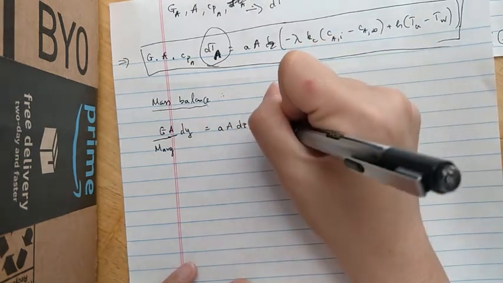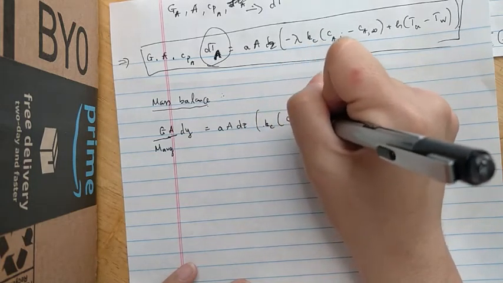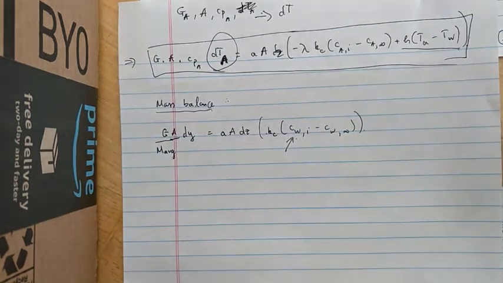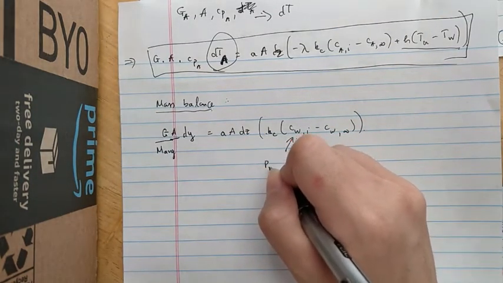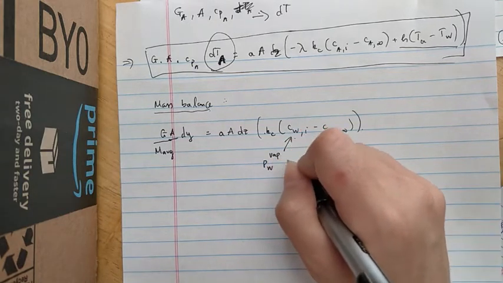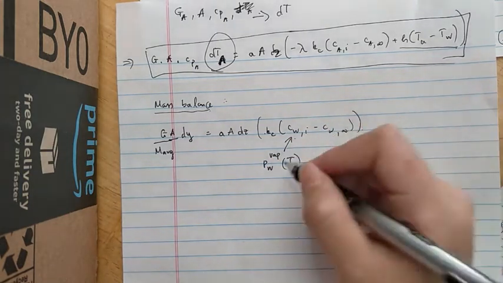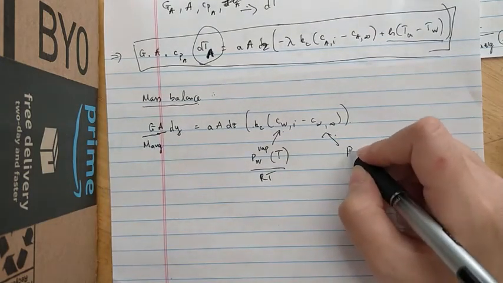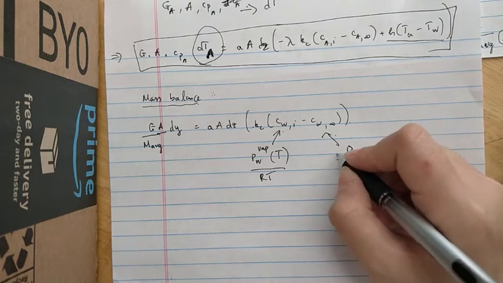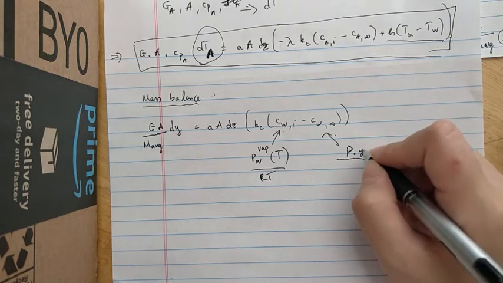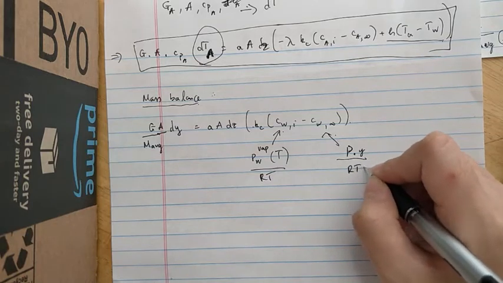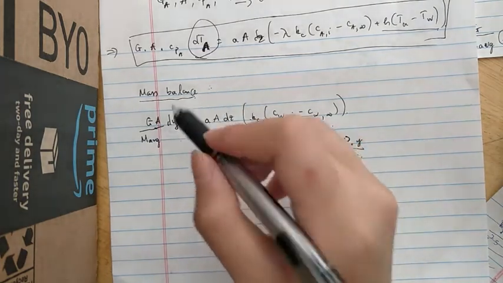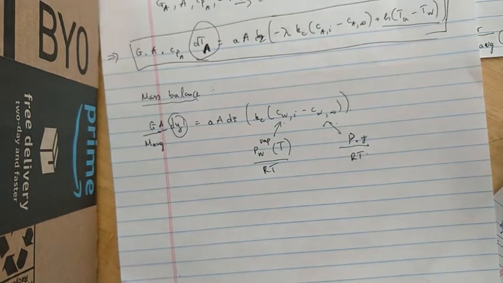This is Kc times the vapor pressure at the temperature over RT, minus the pressure times Y over RT. So we know everything, and we can derive the water fraction.